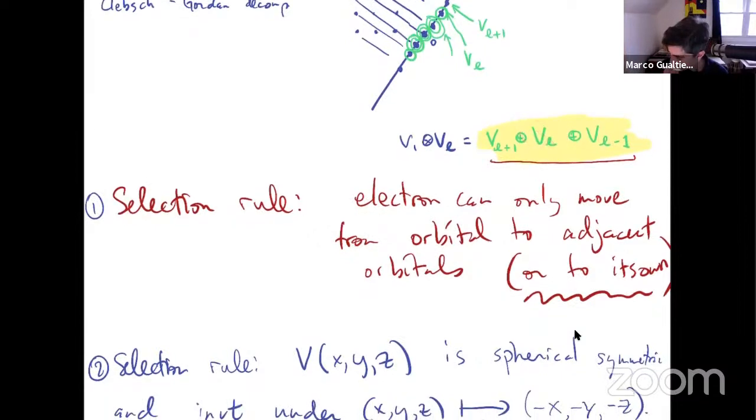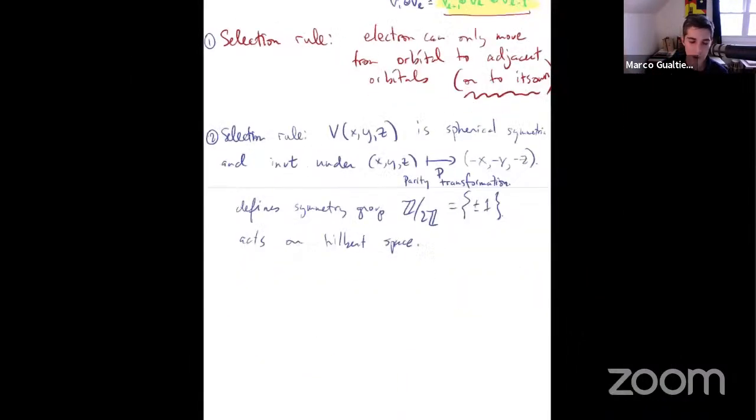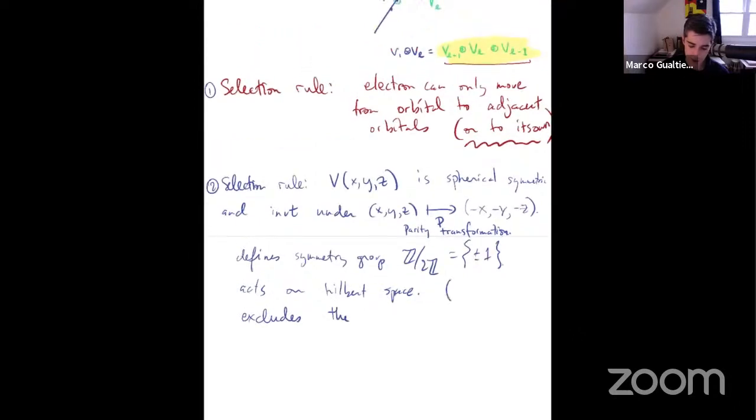Sorry, I'm not explaining this very well. So this action on Hilbert space excludes the VL summand, and we get only these possible decays.